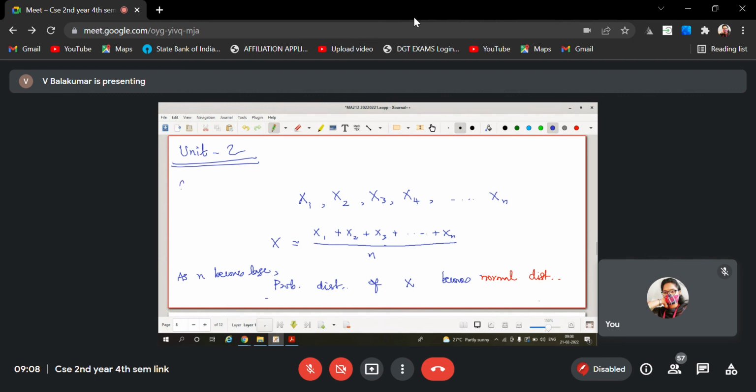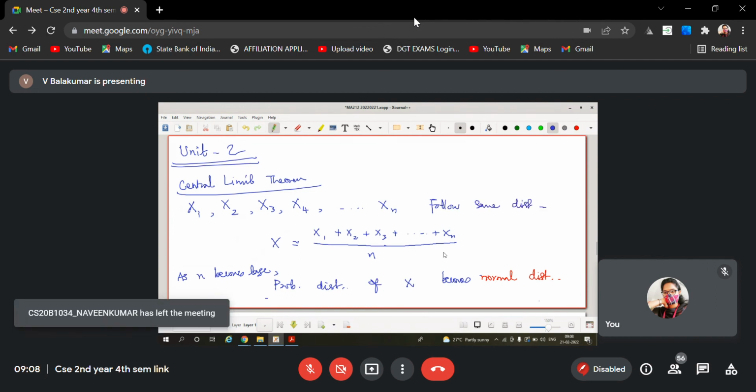This is what we call the central limit theorem. All these random variables follow the same distribution. Any distribution. It need not be normal.